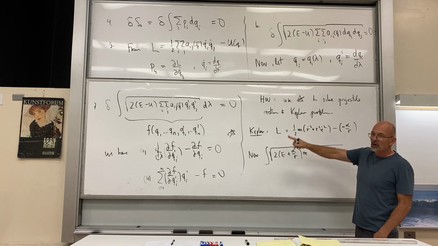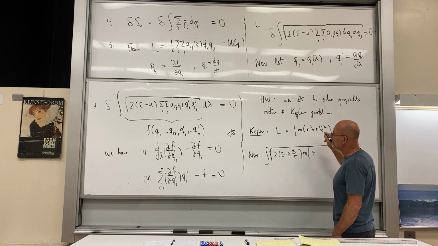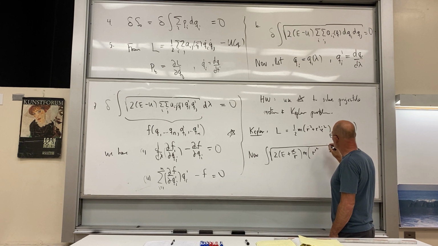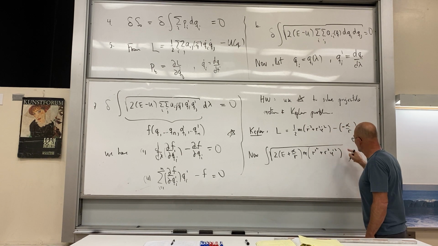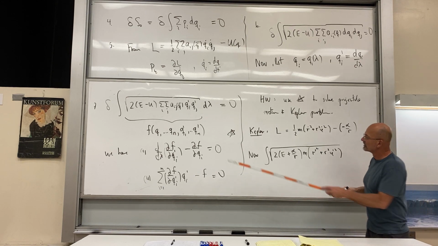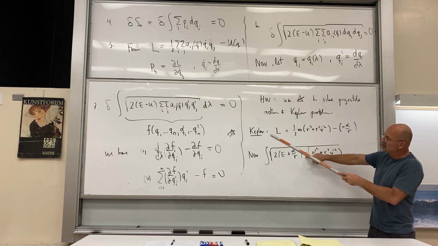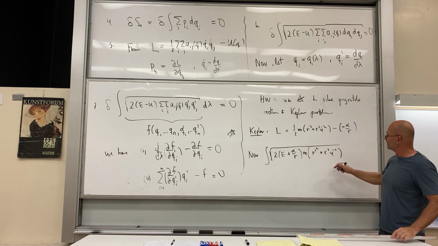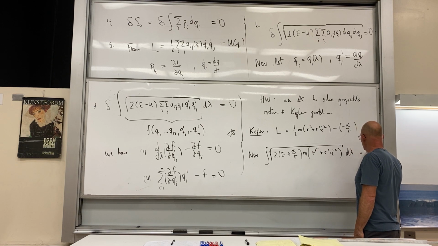If we had, we'll go ahead and do it with a lambda first. So then we would have r prime squared plus r squared phi prime squared. Okay, that's it. The m was part of it, but I pulled it out. And then we would have some dλ equals 0.